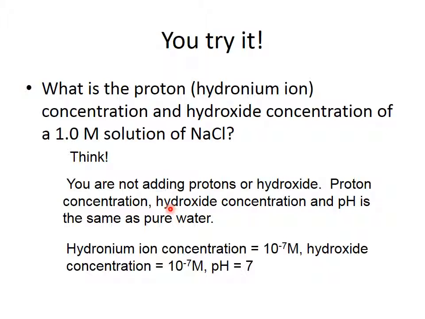So the proton concentration, the hydroxide concentration, and the pH are going to be the same as pure water. What is the proton concentration going to be? 1 times 10 to the minus 7. What's the hydroxide concentration going to be? 1 times 10 to the minus 7. And what's your pH? It's also 7. All the same as pure water.